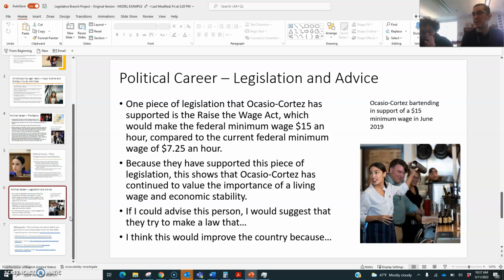It's not necessarily legislation that she has particularly passed. It's basically legislation that she has supported. And you can see it talks about her support for legislation about a $15 an hour minimum wage across the United States. And also, you can see over here, I have some sentence starters about if I could advise her on a particular law that she should work on, what would she do and why I think that would improve the country.